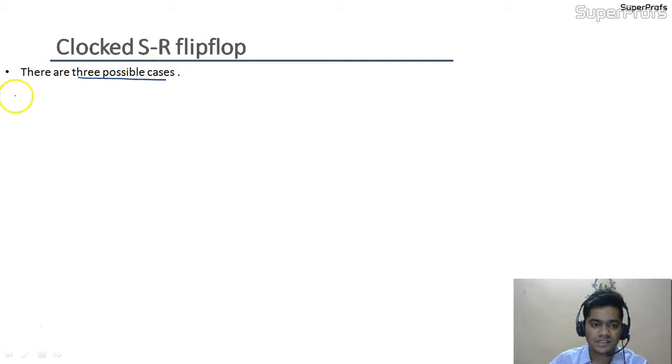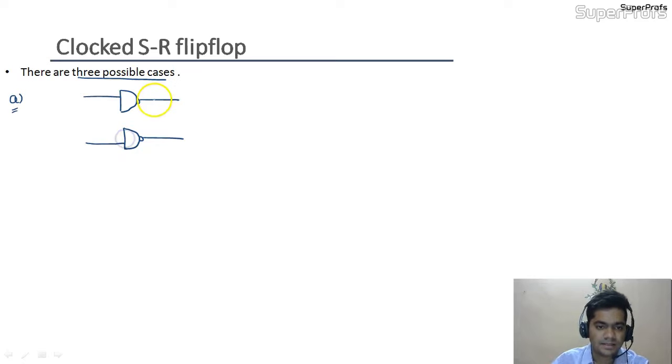Now first we are going to discuss our first possible case. We are constructing a clocked SR flip-flop by using a NAND gate latch. So this is our NAND gate latch, and this is the feedback present.